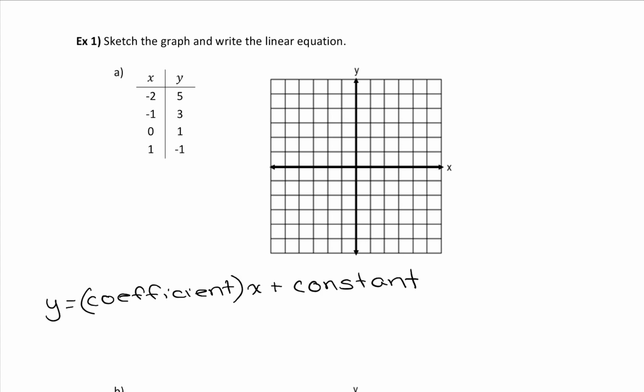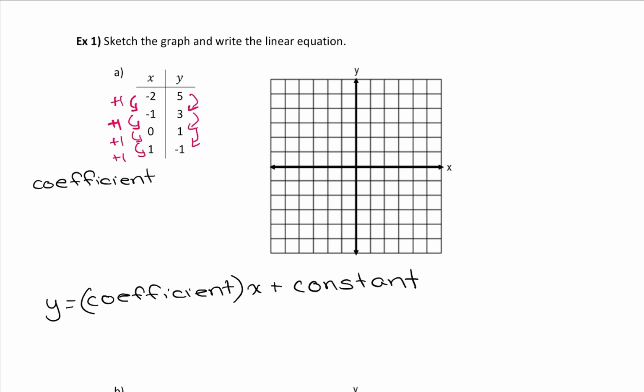Okay, so let's start by finding the coefficient. So to find the coefficient, we are going to find the pattern in x and the pattern in y. So our pattern in x, up by 1, up by 1, up by 1.